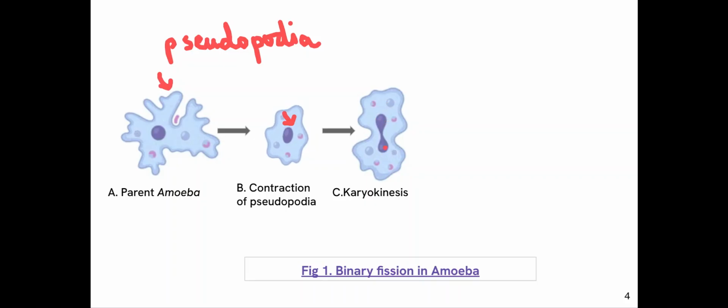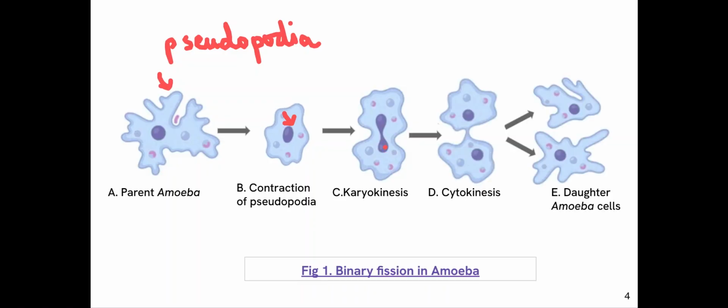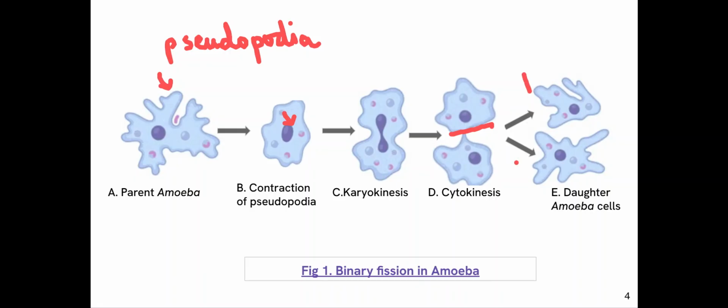That means replication of the genetic material happens, and that genetic material is divided into two. The nucleus is divided, karyokinesis occurs. Eventually, cytokinesis, which means the division of the cytoplasm, occurs, resulting in the formation of two amoeba cells.